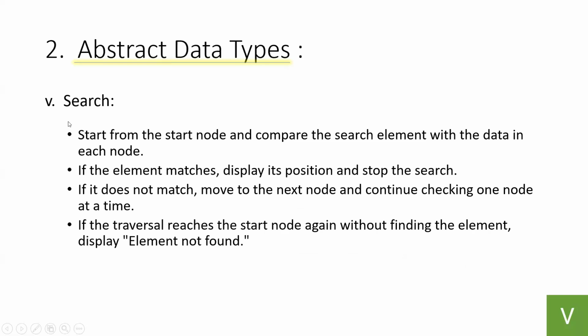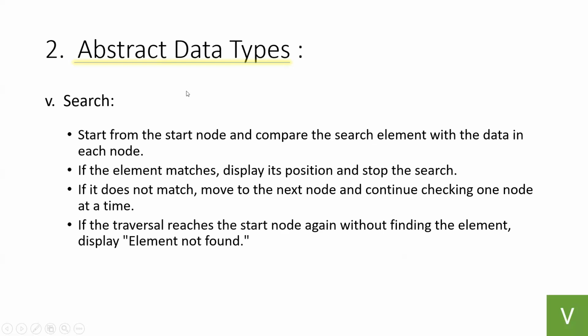So the process is quite simple. First, we will scan the input element that is required to be searched. After that, we will compare that element with every element in the double circular linked list. We will start from the starting node and compare the search element with the data in each node.